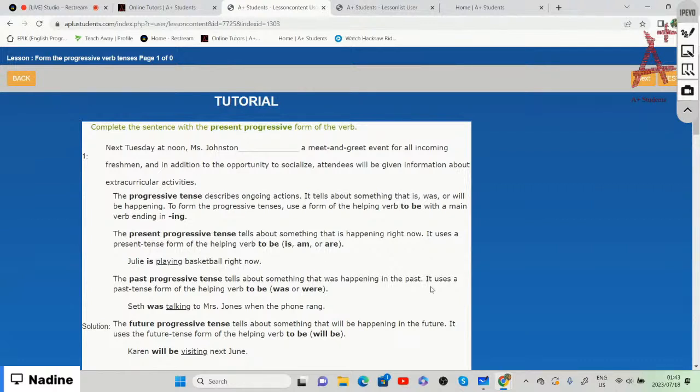The present progressive tense tells about something that is happening right now. It uses a present tense form of the helping verb to be, where we can say is, am, or are. So Julie, which refers to one, is playing basketball right now.